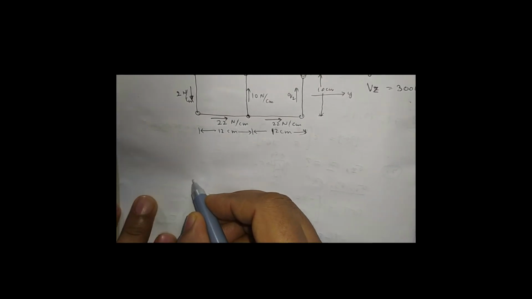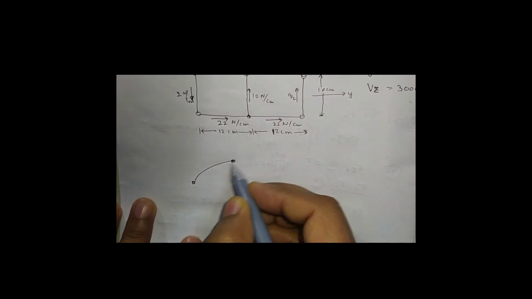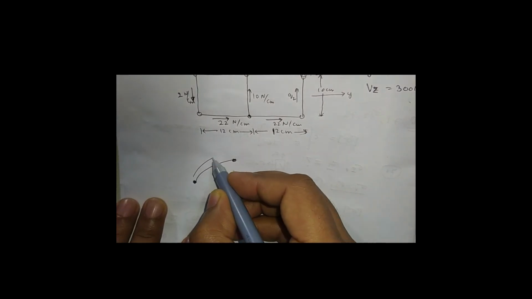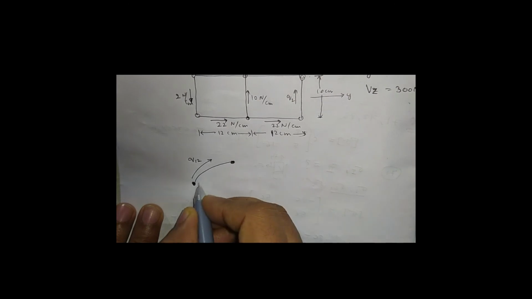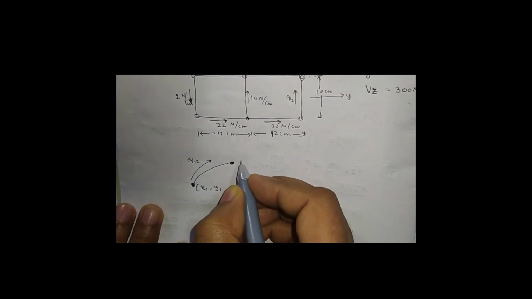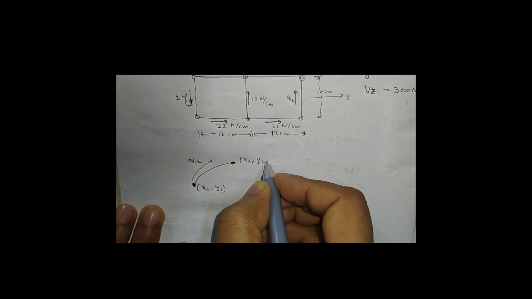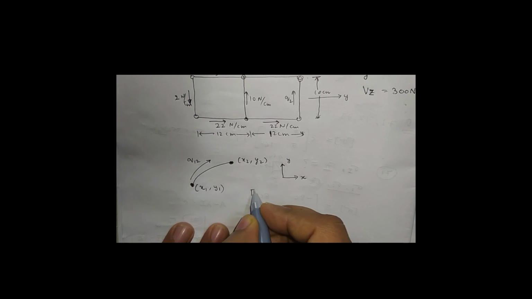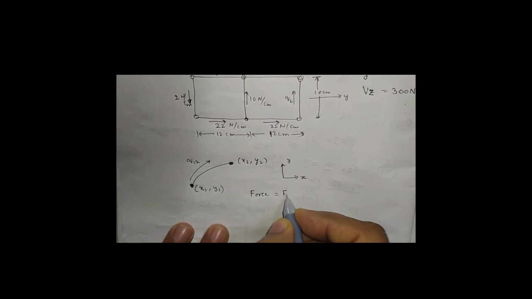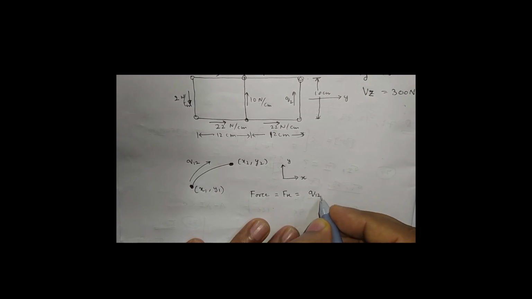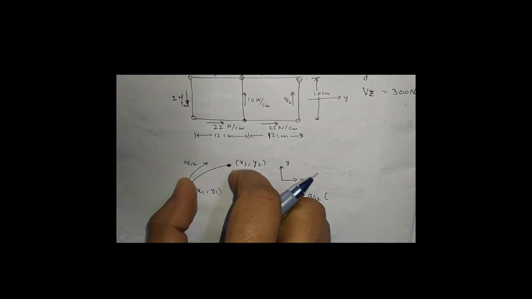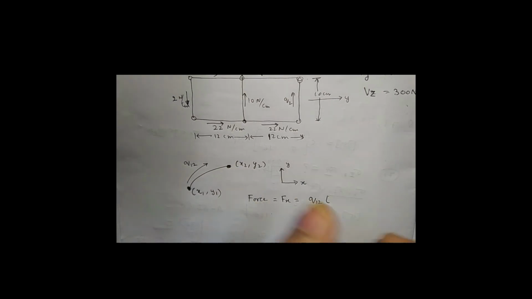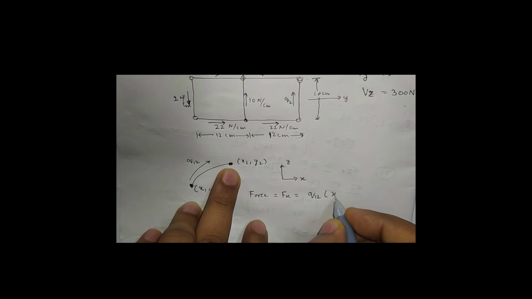For example, if this and this are the booms of an idealized section, and the shear flow is Q12, and the coordinates of these booms are, let's say, x1, y1 and x2, y2, then if we want to find the force in the x direction and y direction, the force in the x direction will be equal to Q12 times the distance between these two booms in the x direction, or the x coordinate, x2 minus x1.